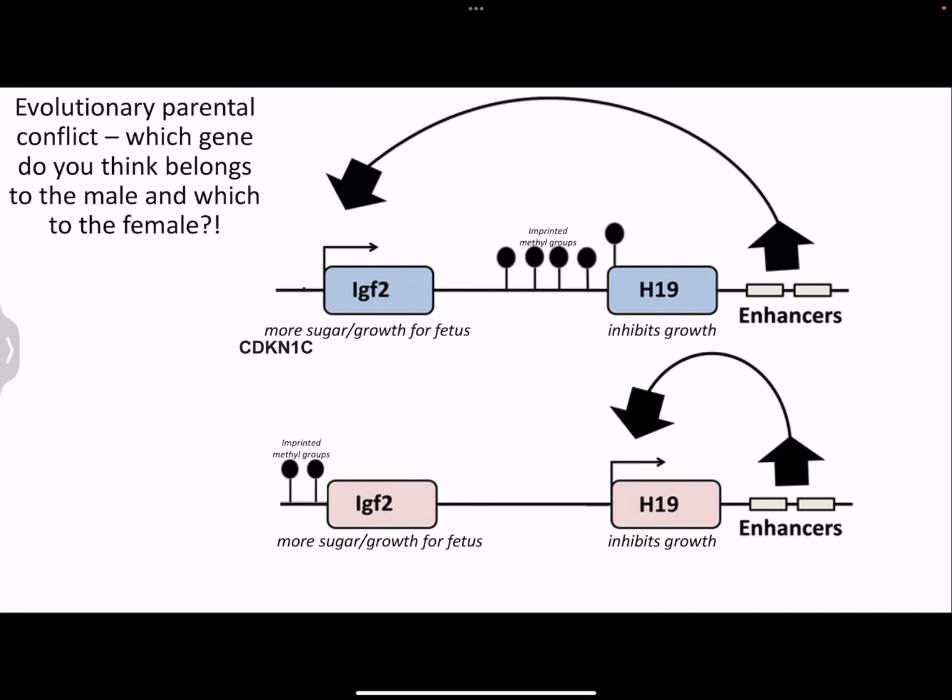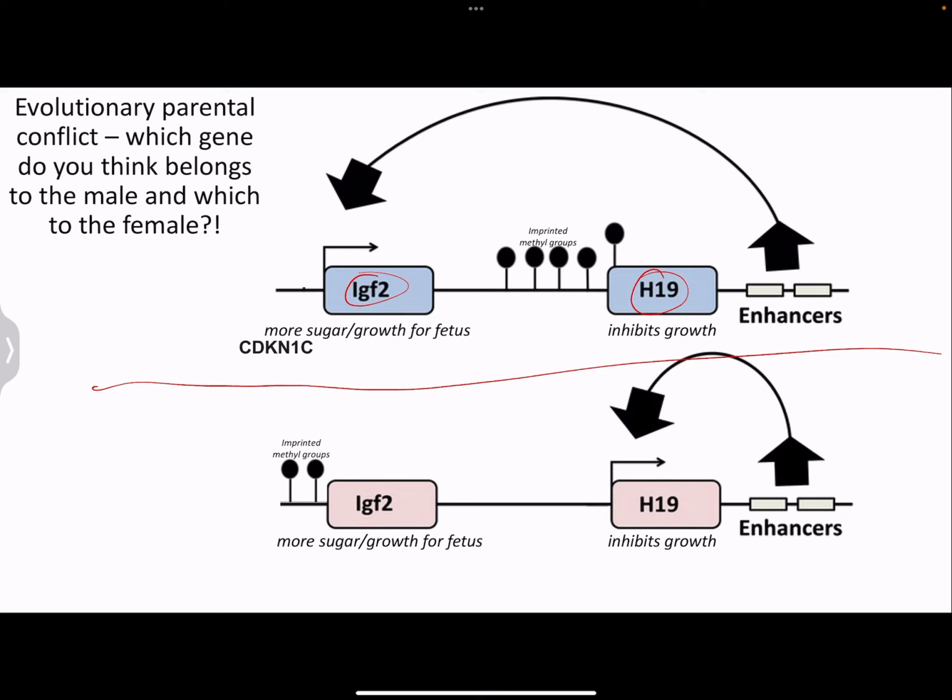So look at these two genes. These are the two real genes, insulin growth factor 2 and H19. Insulin growth factor's job is to allow more sugar into the cell, which allows the baby to grow more. And then H19 is going to inhibit growth. So what we see now is that for this top picture above this line, this is somebody, a male or a female, and they are choosing to methylate, in other words, imprint this H19 gene, and they're letting the IGF-2 be normal.